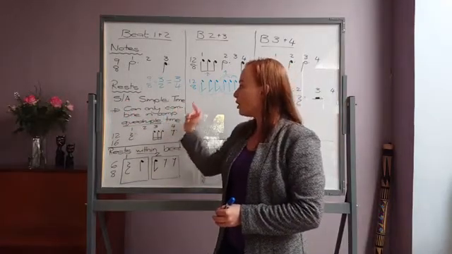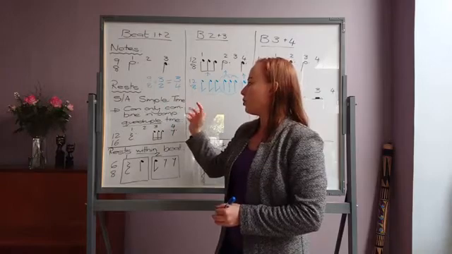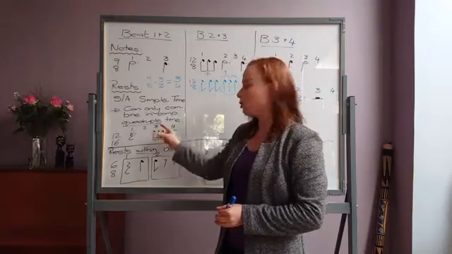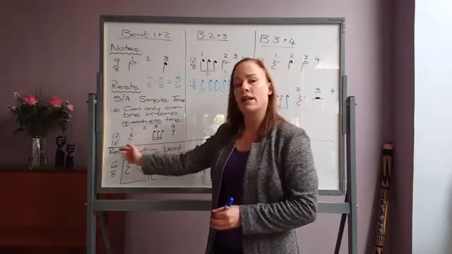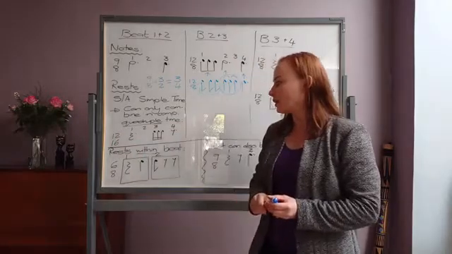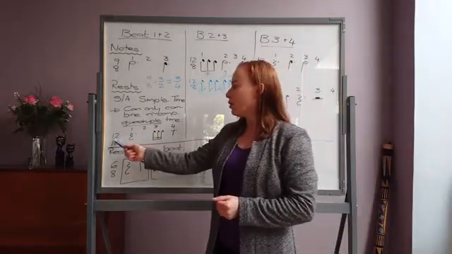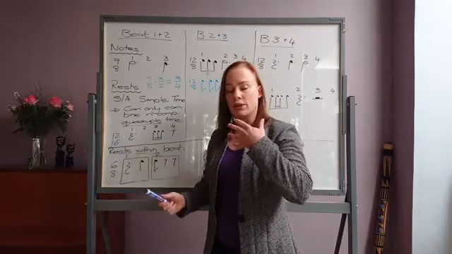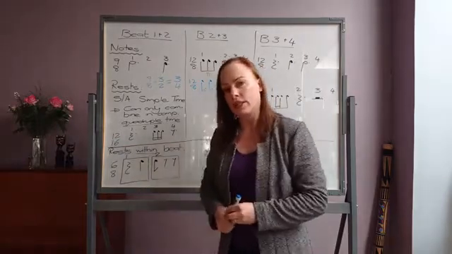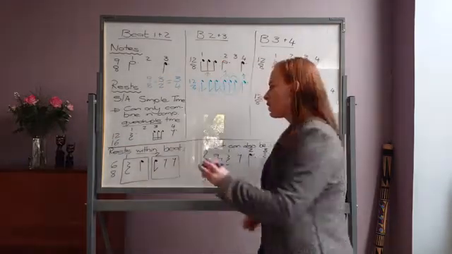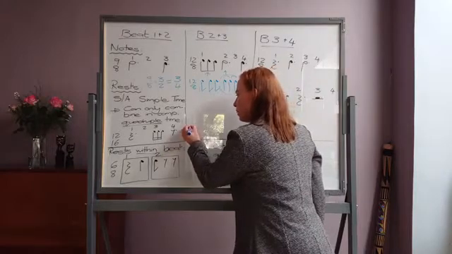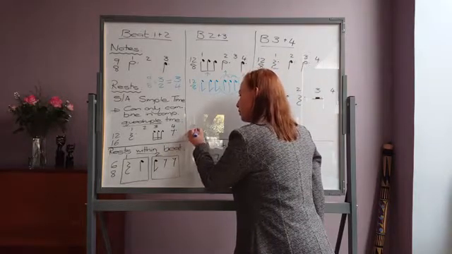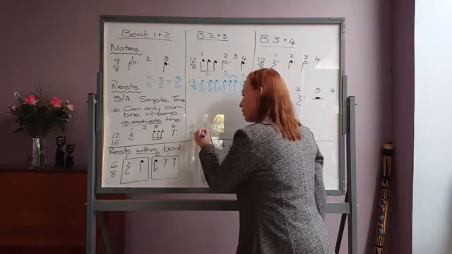So I said here it's the same as simple time. You can only combine your rests in compound quadruple time, and here I gave you an example of it. So if we look at the time signature 12/16, if you work out the number of beats and the value of beats, we just use our same little formula.